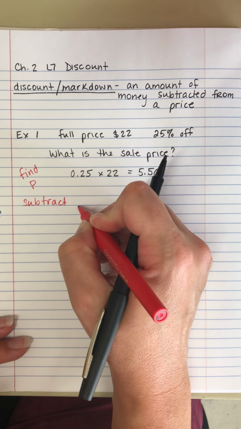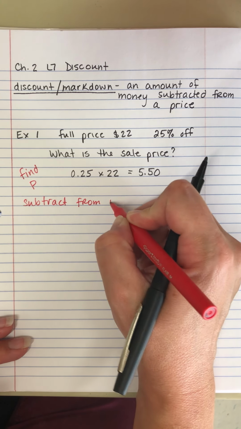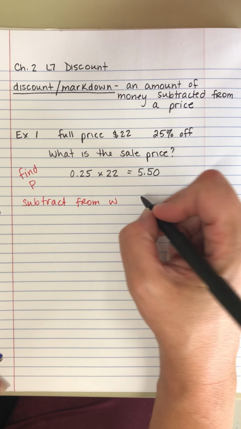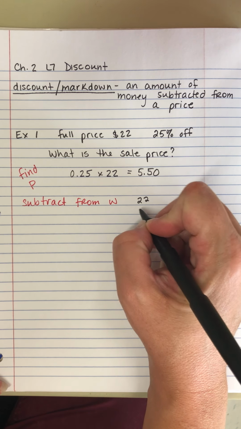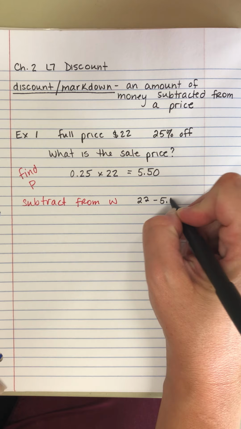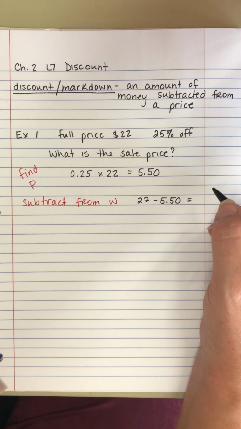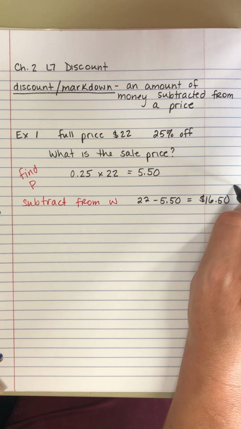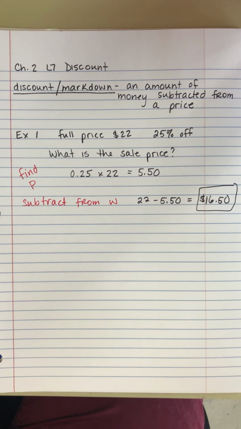So again, using those same variables that we used from the percent equation and the percent proportion. 22 minus $5.50 gives you a sale price of $16.50. So that's your sale price. So you're doing a multiplication problem, and then you're doing a subtraction problem for this.